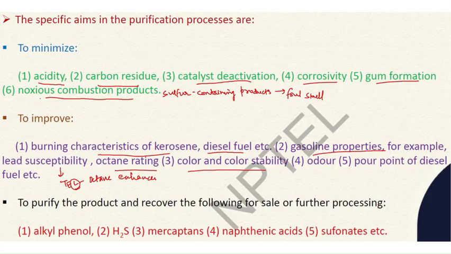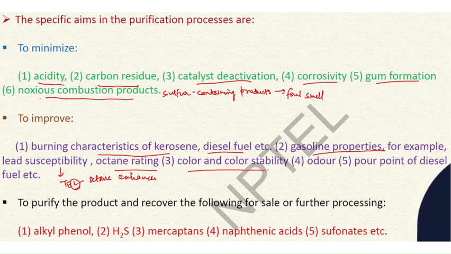Then color stability, to improve the color and color stability, because each petroleum product, each of the distillate cuts, should have some definite color, mainly colorless or light yellowish. So deeper colors like brown are not advisable.